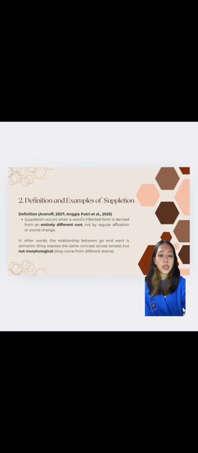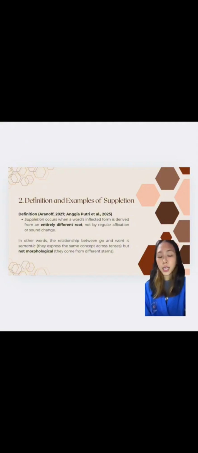For the next slide, number 2, definition and examples of suppletion. As you can see, you can read more by yourself. And these are other English examples in this table. You can see any example in this table. Each pair shows semantic continuity, or the same meaning relation, but morphological discontinuity, or different stems.